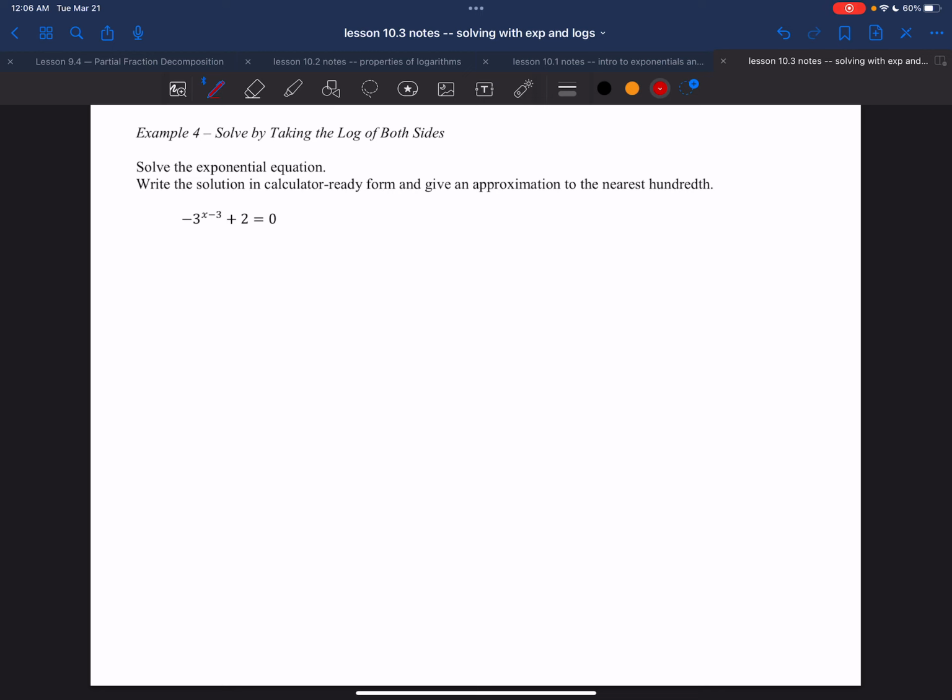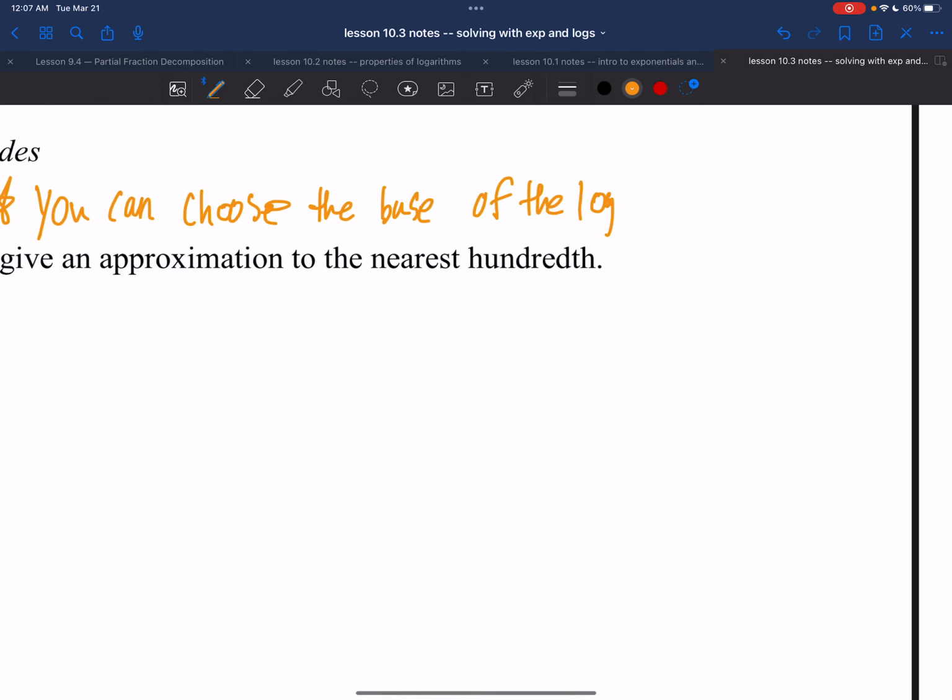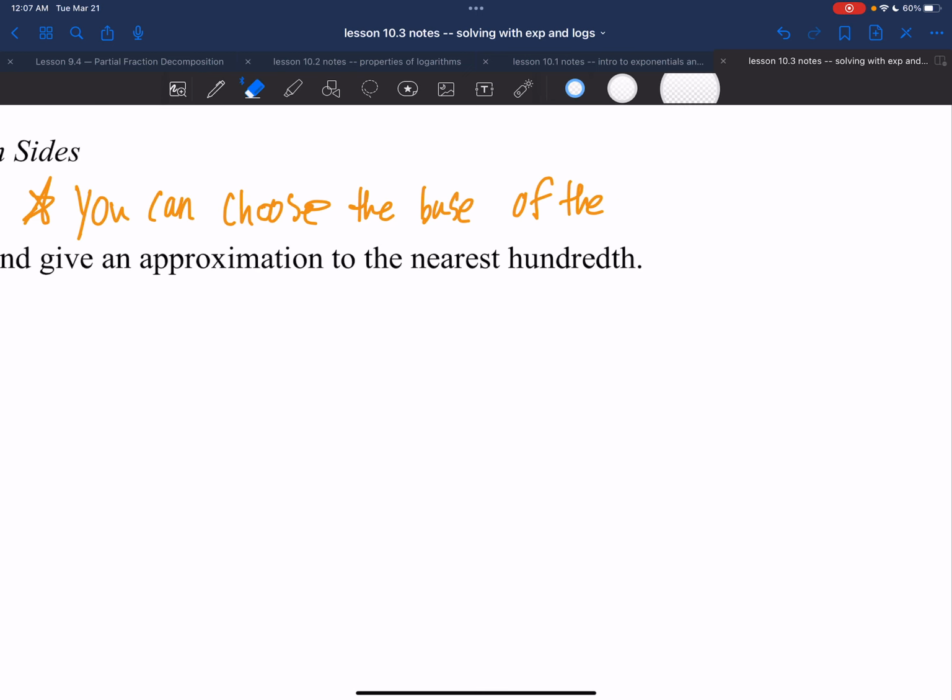Now, I'm going to show you kind of 2 ways to do this, because here's the thing. You can choose the base of the log. This is up to you, all right? Think of it like this.